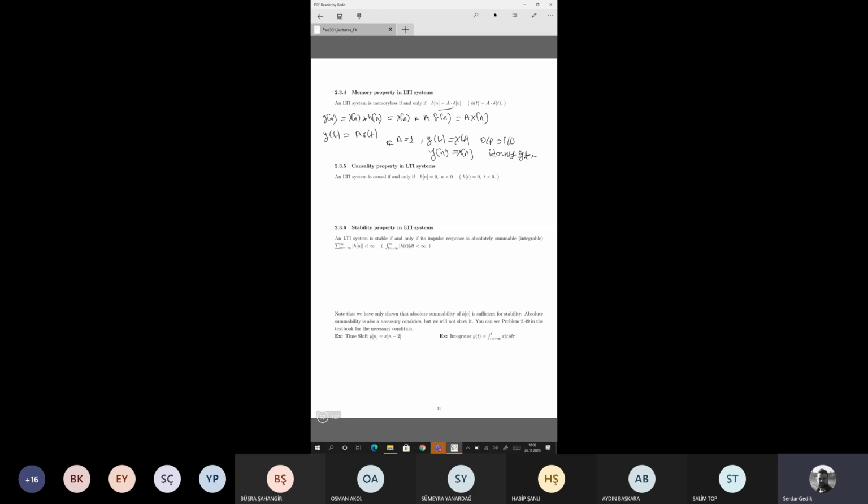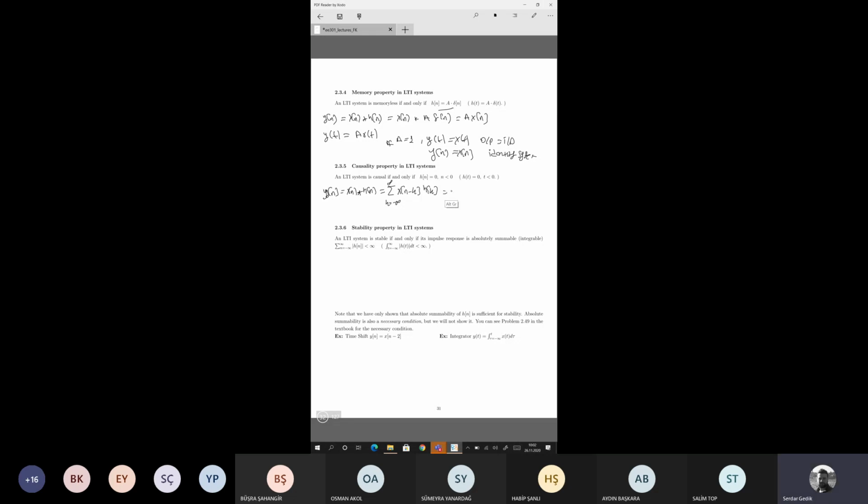So let's start writing the input-output relationship. y[n] is simply x[n] convolved with h[n] as usual. This is equal to the sum of x[n-k] h[k], with k from minus infinity to plus infinity.